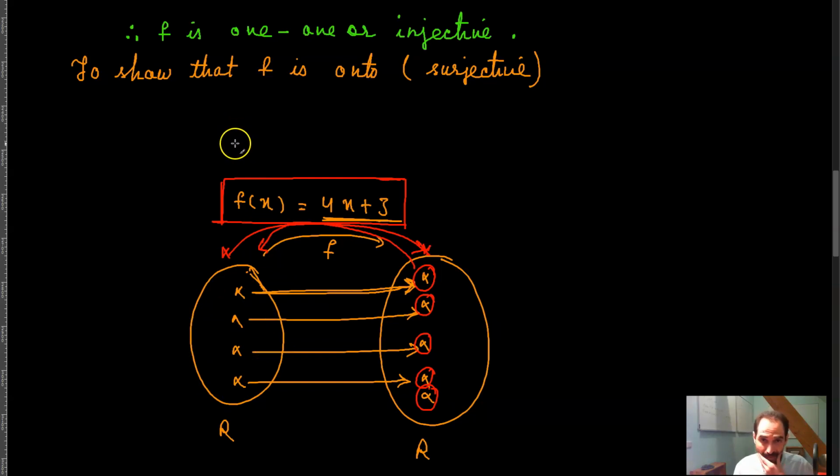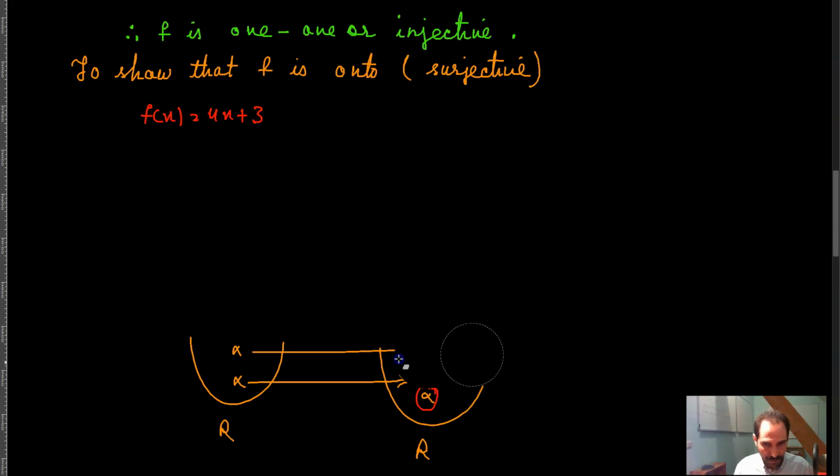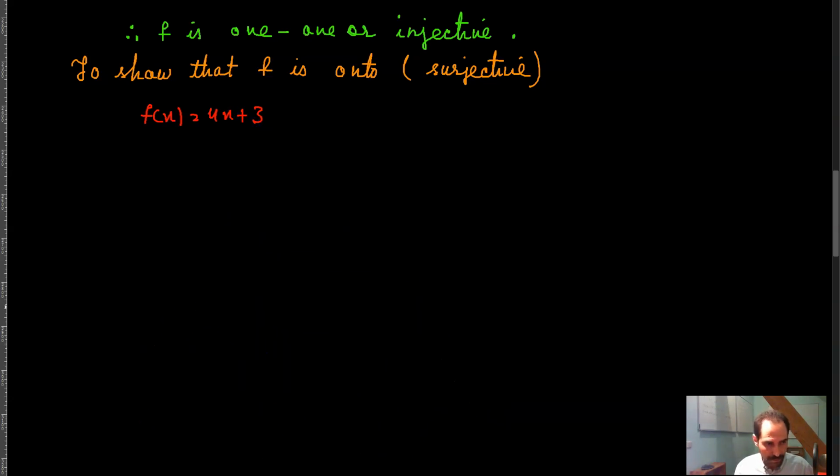So what I'm going to do is assume that, first of all, I know that f of x is equal to 4x plus 3, right? I'm simply going to assume that f of x is equal to some y, for example. So if f of x is equal to y, this becomes y is equal to 4x plus 3.